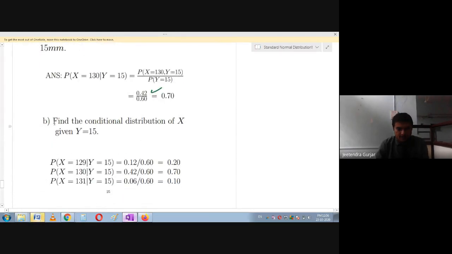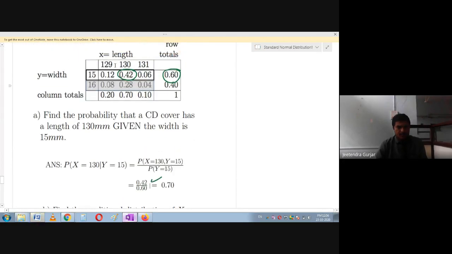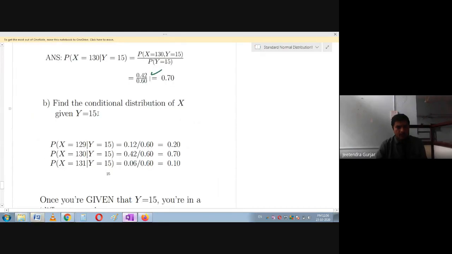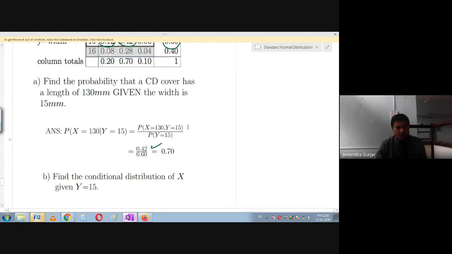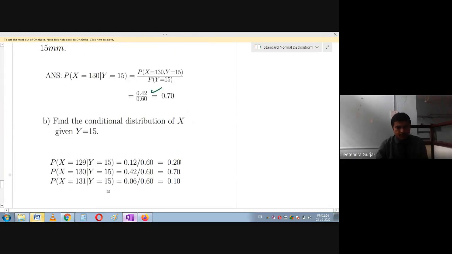Similarly, we go for the next condition: find the conditional distribution of x given y is equal to 15. You can see x they have not told, but remember there are three values of x: 129, 130, 131. For all three, you calculate for y is equal to 15. If you take x is equal to 129 and y is equal to 15, we get 0.12 divided by 0.6, which is equal to 0.2.